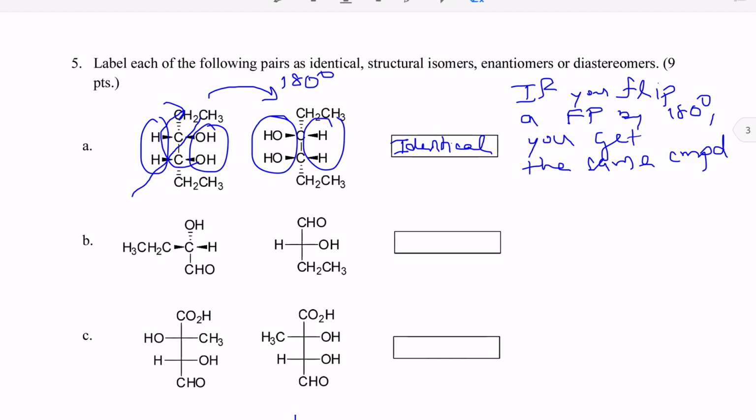So let's assign the R and S configurations to each of these compounds and see how they stand up to each other. We first have to apply the CIP rules in order to assign the configuration.